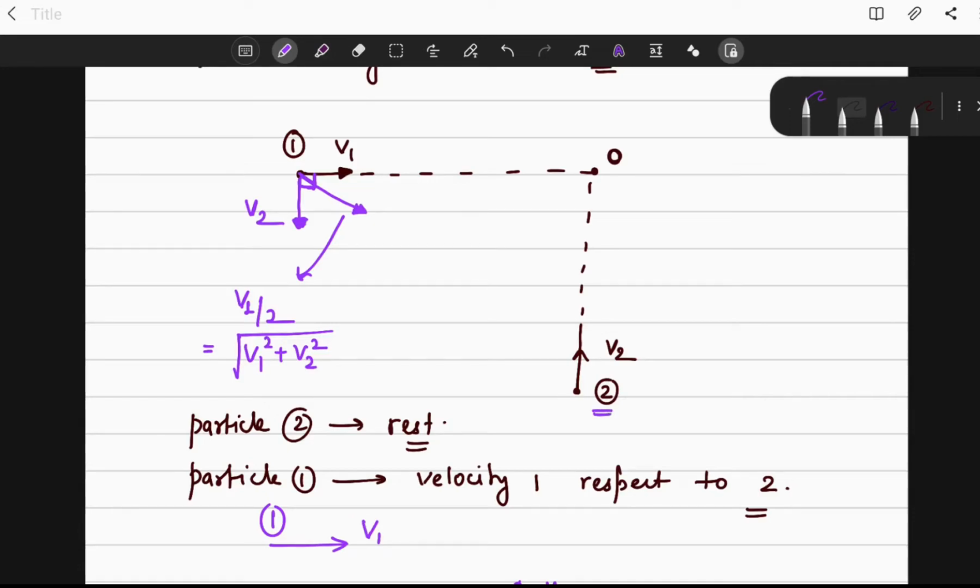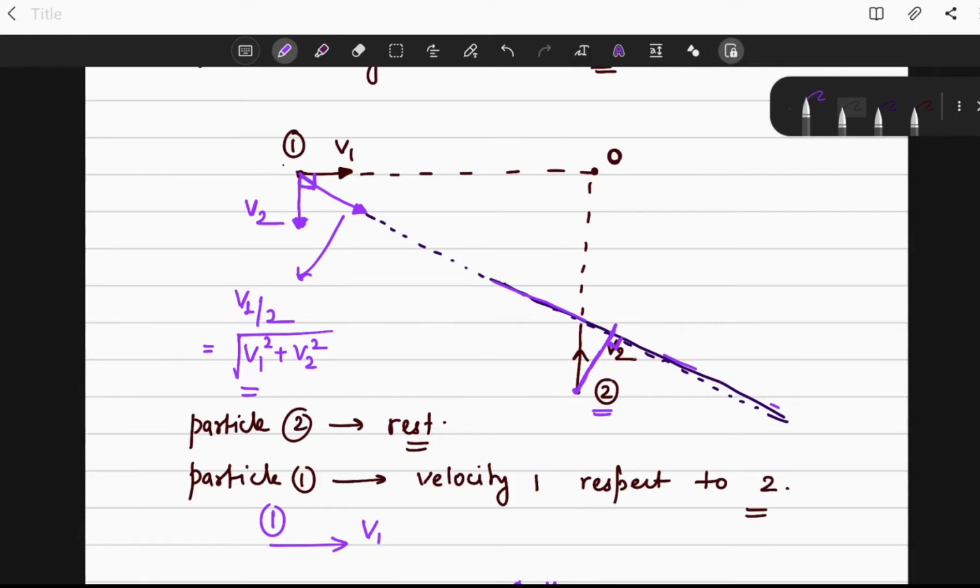So now if we make 2 at rest, then particle 1 will move with the velocity of square root of v1 square plus v2 square. Now particle 1 will go along this straight line, and we know that the distance between this line and particle 2 will be minimum when the line joining these two points is perpendicular to the line on which the particle is moving with respect to particle 2.